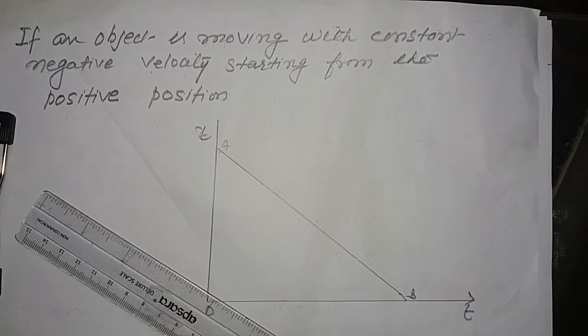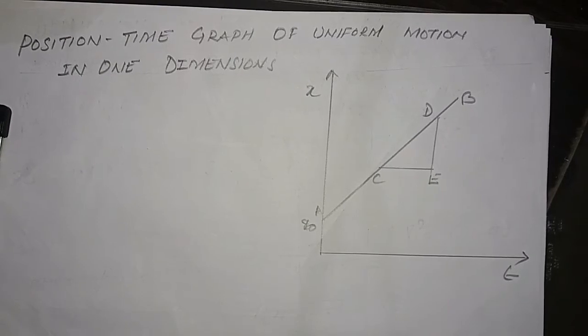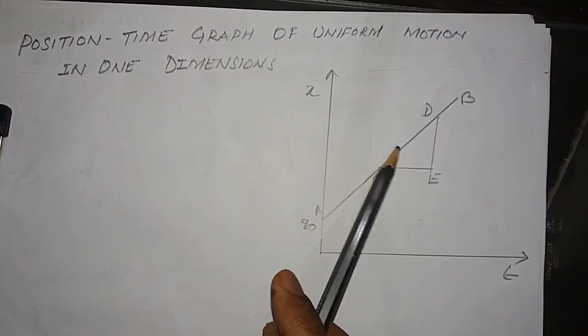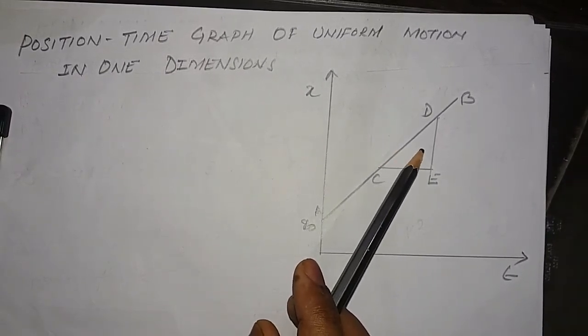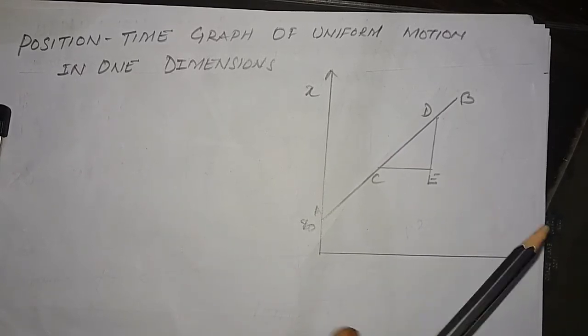Next one is this, the position time graph of uniform motion in one dimension. It is a straight line inclined with the time axis.